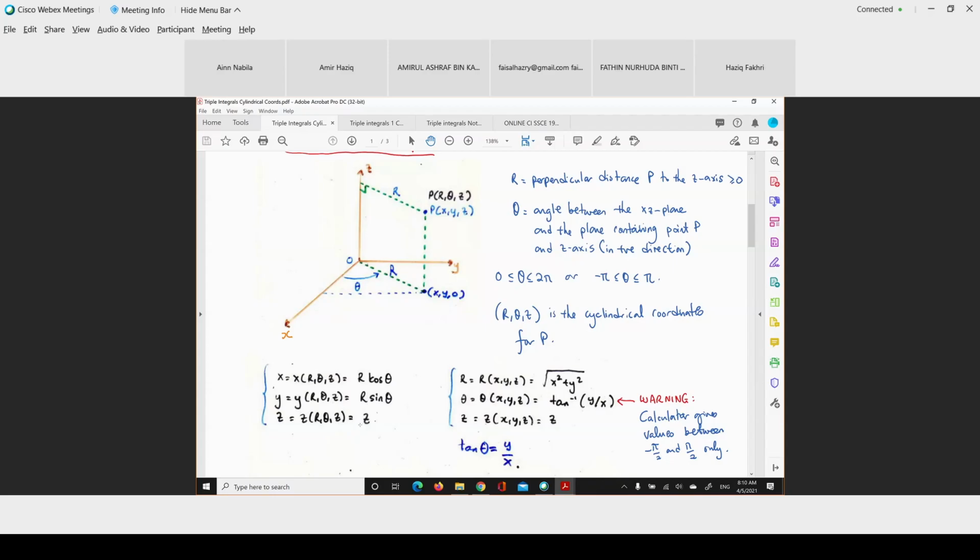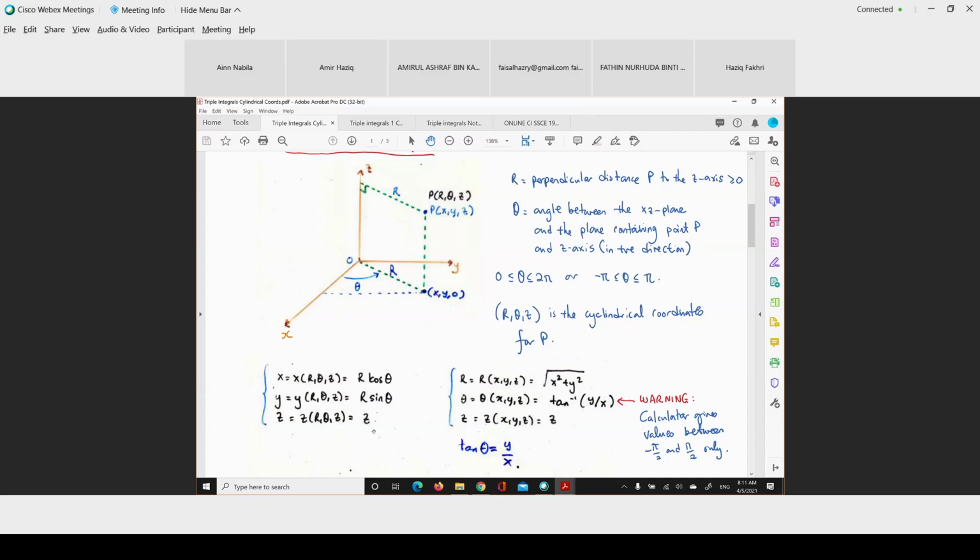And on the right is how to express r, theta, z in terms of x, y, z. So if we are given a point in Cartesian coordinates, the relationship on the right shows the conversion to cylindrical coordinates.